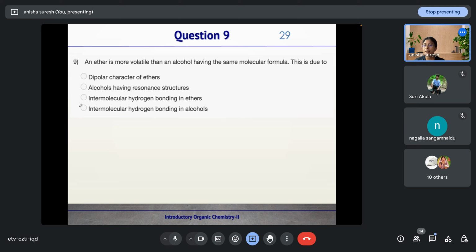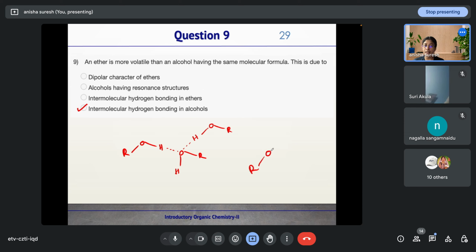As you told, intermolecular hydrogen bonding in alcohols is the reason. Intermolecular hydrogen bonding will hold the alcohols together like this, with OH. Like this it will be holding. So the volatility of alcohols will be less compared to that of ethers.